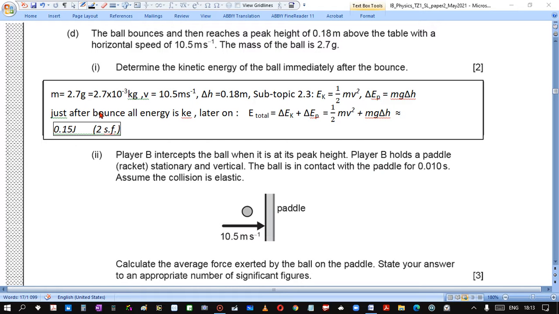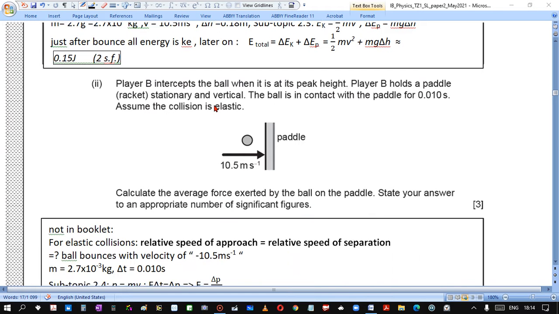So we change mass into kilograms and use subtopic 2.3 formulas for kinetic energy and potential energy. Just after the bounce, all energy is kinetic. Later on, the total energy is kinetic plus potential, so we put values at some height, and we get 0.15 joules, two significant figures, because most of the data is with two significant figures, right? So take the minimum, two significant figures.